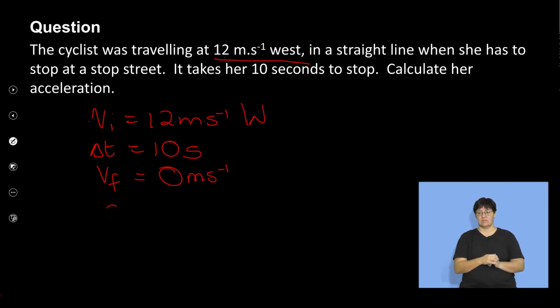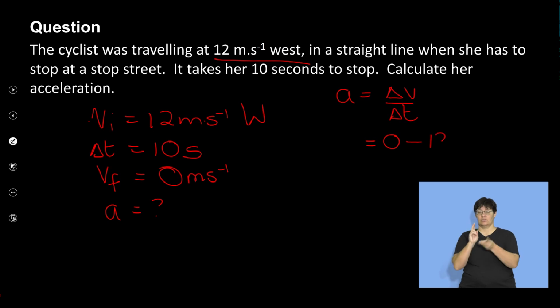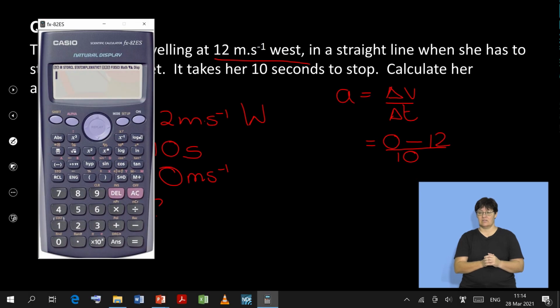Oopsie. So, acceleration, change in velocity over change in time. Final velocity minus initial velocity divided by 10.